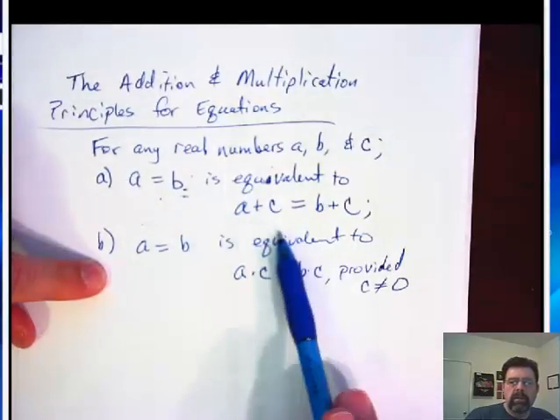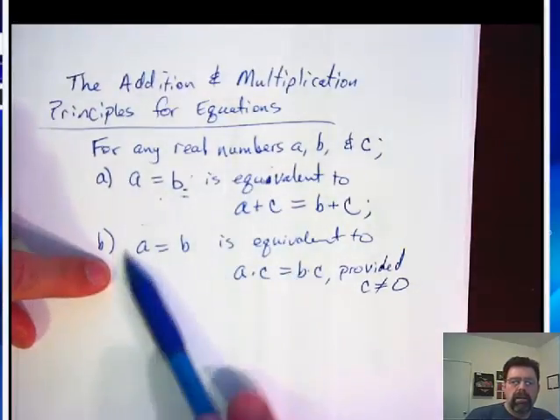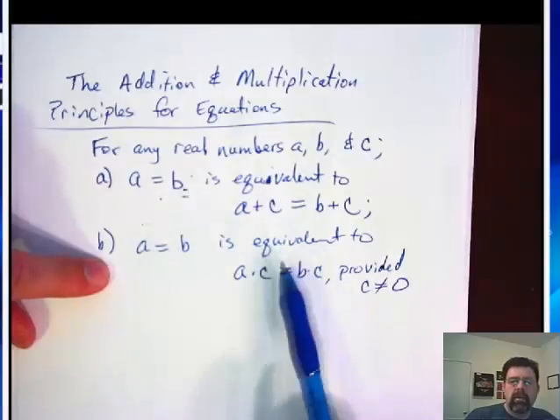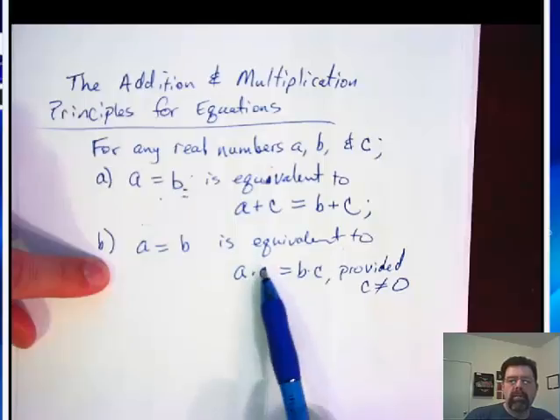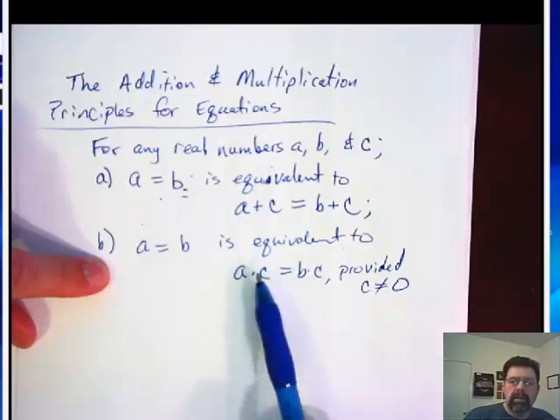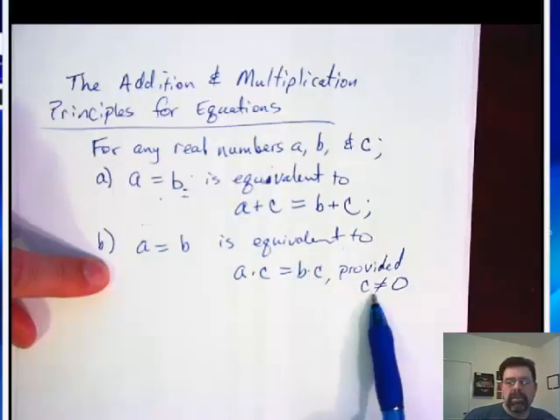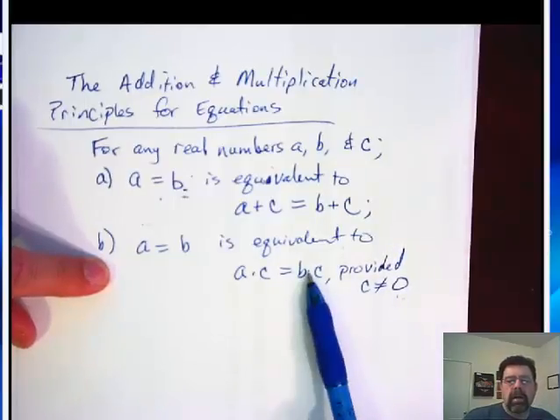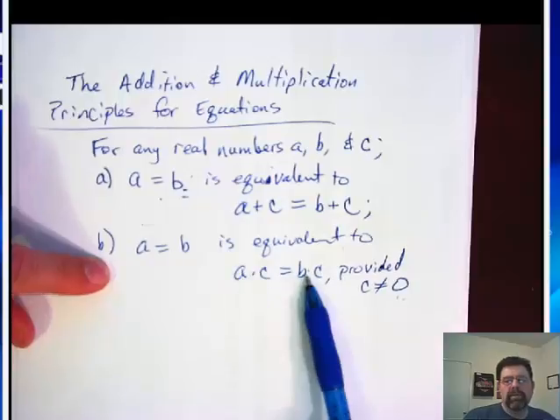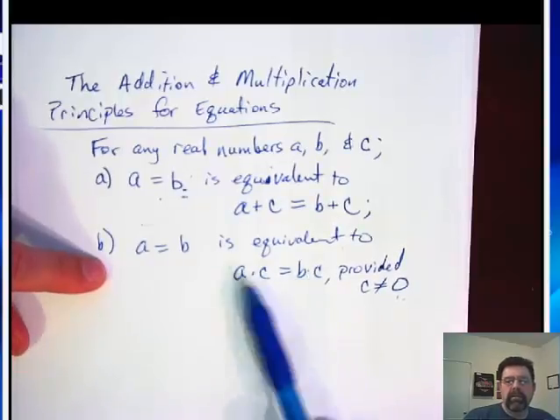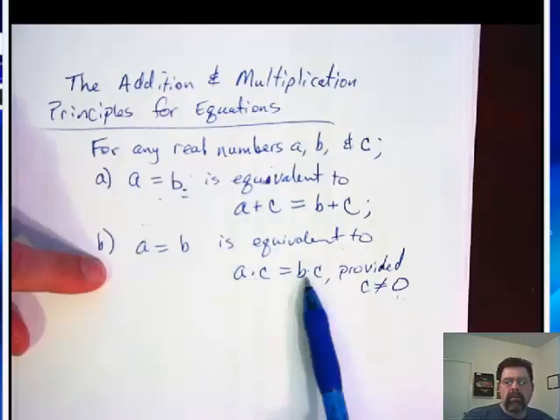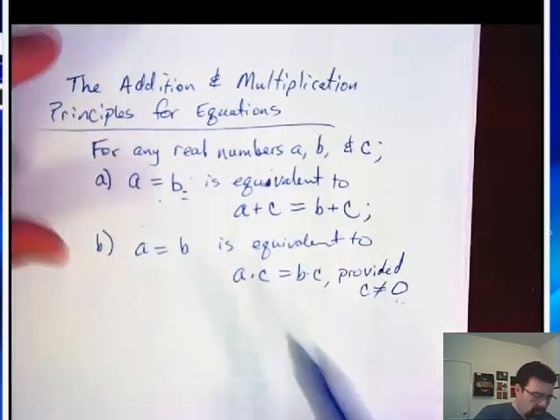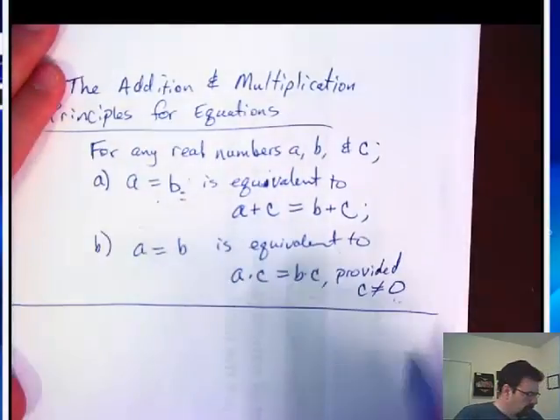You can multiply by any number you want as long as you do it to both sides, and C can't be 0 though, right? The reason you don't want to do this is that any number times 0 is 0, so you'll get 0 equals 0, and that won't be very helpful. You'll lose all your information.